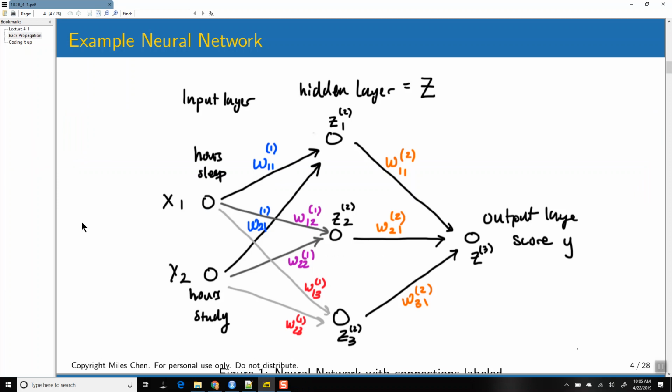This is the example neural network that we're starting with.